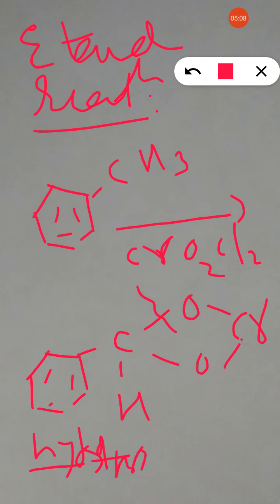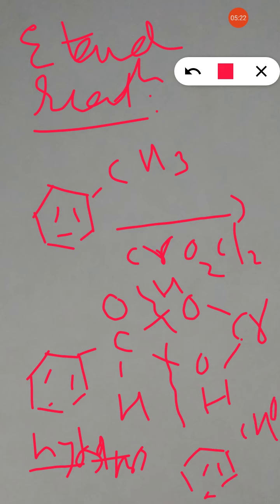See, bond cleavage of O, here H, H, and this side only O. So there is a formation of CHO, that is the benzaldehyde from toluene. So toluene changes to benzaldehyde by the reaction with chromyl chloride followed by hydrolysis.